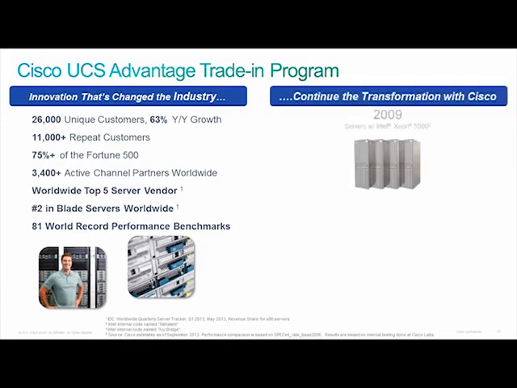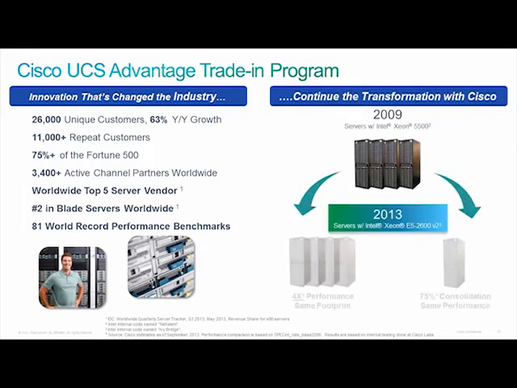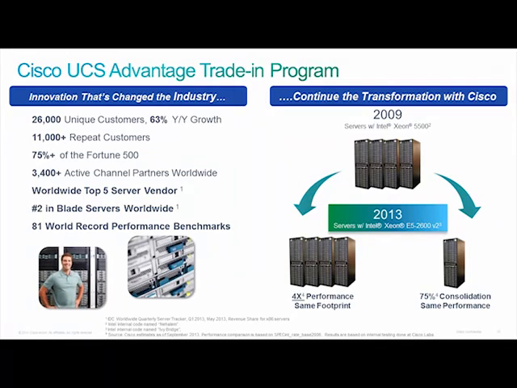The aim is to accelerate customer migrations from HP Legacy and Cisco Early Generation UCS to the latest Cisco UCS platform. Eligible trade-in products include Cisco Early Generation Blade products, rack mount servers, and HP Blade and Rack products. Partners must sell a complete Cisco Blade system, which includes a fabric interconnect, chassis, and blade to take advantage of the program. Also, this offer can be combined with other channel incentive programs.